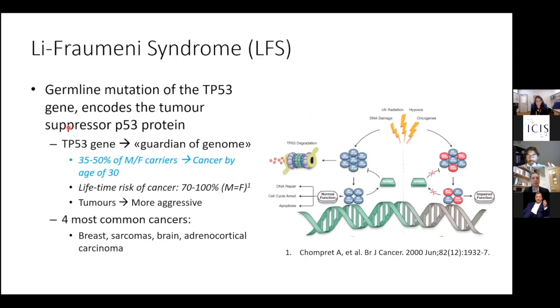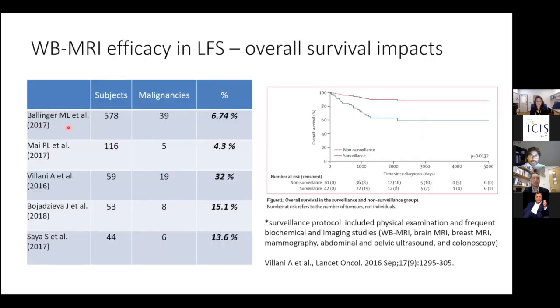Basically, the TP53 gene is mutated, so the guardian of the genome does not work, and the people develop cancer at a higher rate. It has been estimated that female carriers of this mutation develop cancer by the age of 30 up to 50%. The lifetime risk in females rises up to 100%. So they need to be screened somehow.